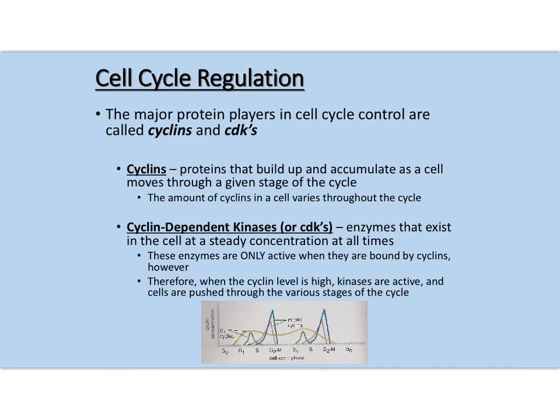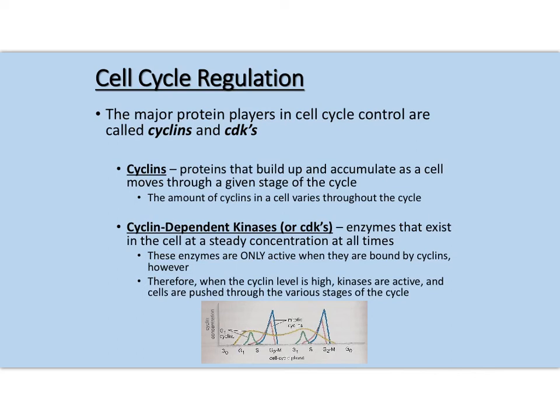Okay, so the question becomes, how does this work? And I'm not going to expect you guys to know a whole lot because it's sort of a tricky process, but I do want you to know some. And the way a checkpoint works is through things called cyclins and CDKs, or cyclin-dependent kinases.